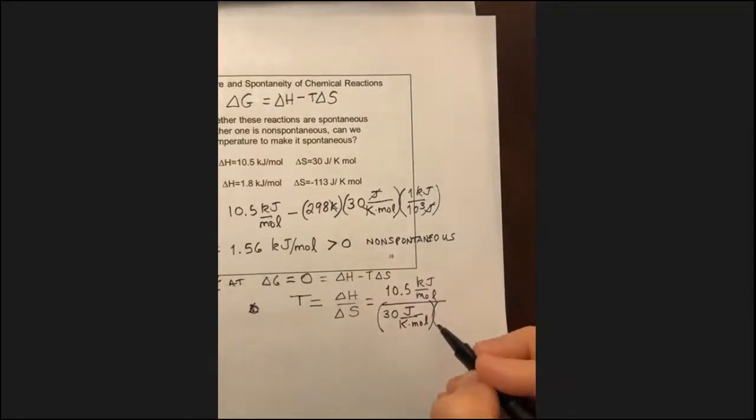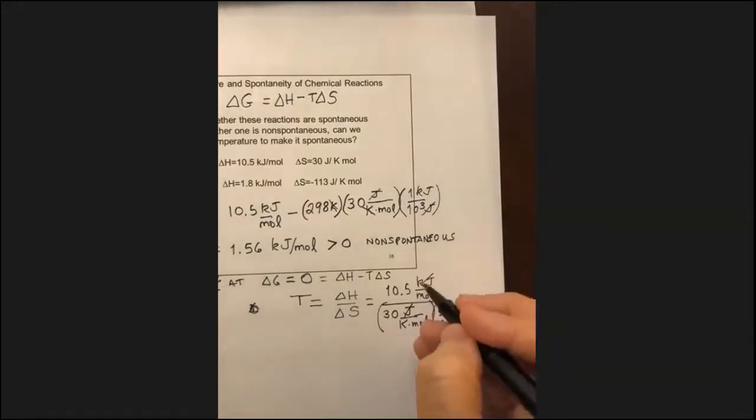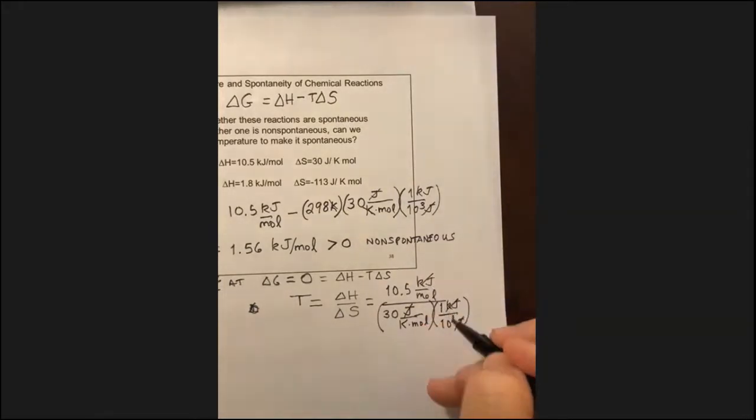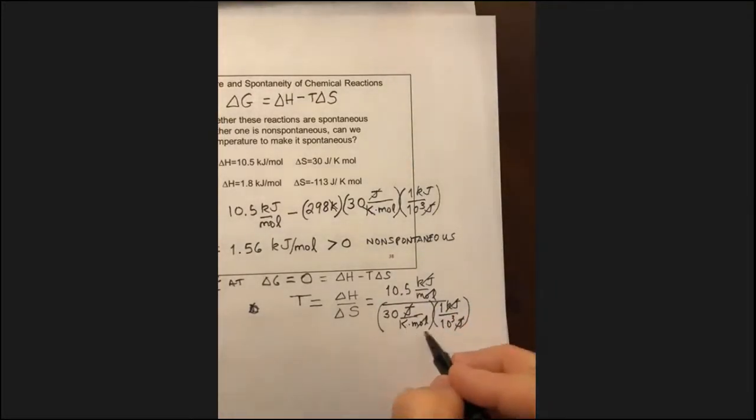And we got to convert to kilojoules, right? So 1 kilojoule is 10 to the third power joules. So the joules cancel out, the kilojoules cancel out, the per moles cancel out. The Kelvins are going to flip up.